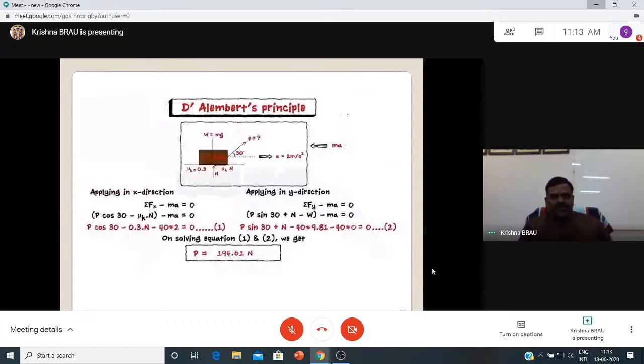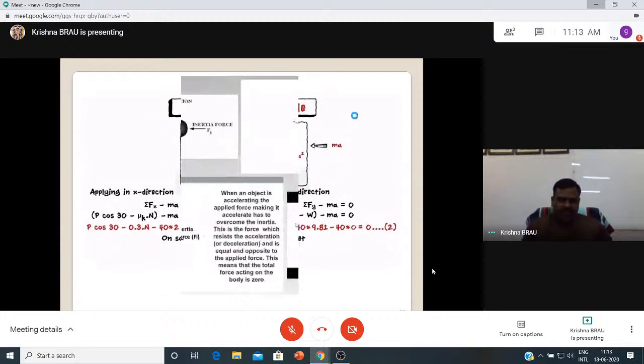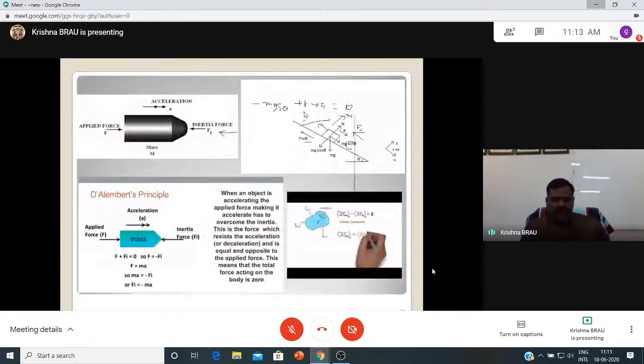So now D'Alembert's principle. This is an inclined plane, where the body is moving, sliding along an inclined surface.